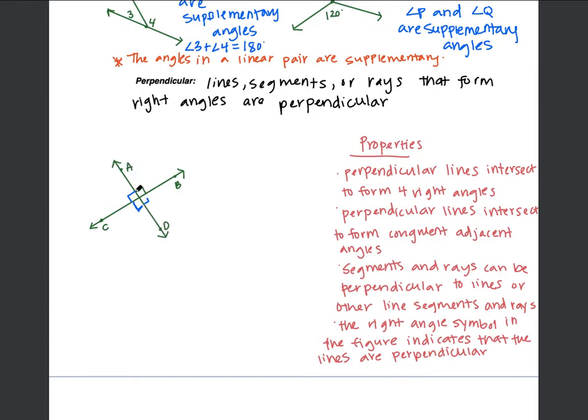And remember, this is a straight line. A straight line is 180 degrees, so if this is 90, this is also 90. And if this is 90, this is also 90. So right here, we have four right angles. So that means these two lines, we have line AD is perpendicular to line BC.